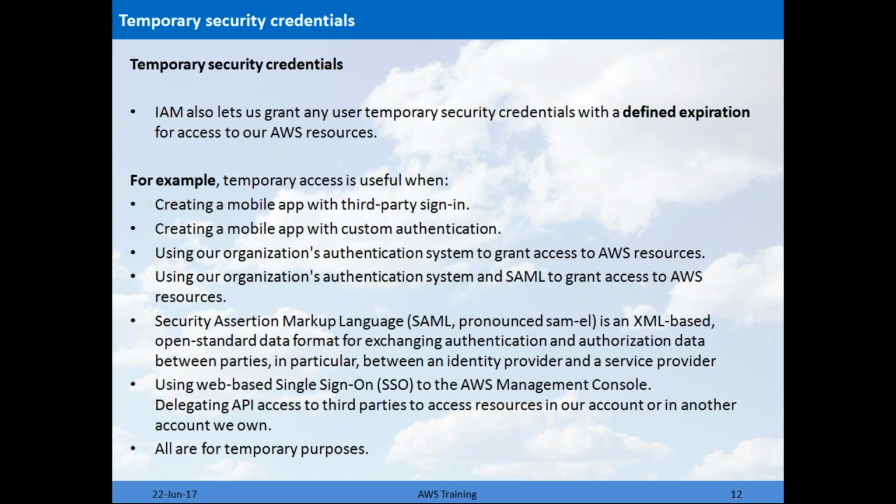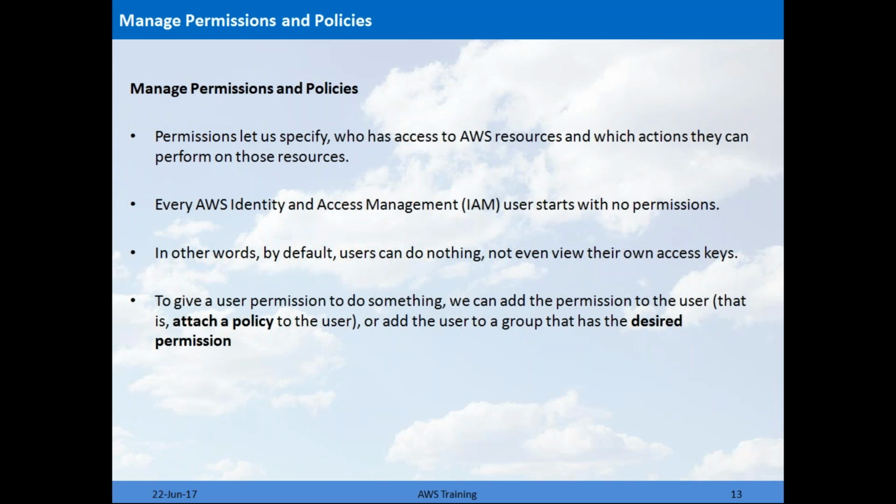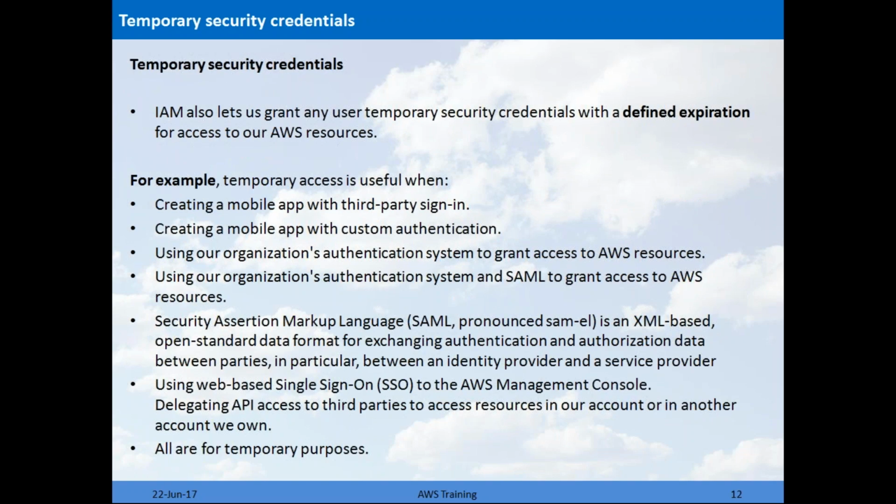You sign in with your credentials and provide the expiration time, 1 week, 1 hour, or 10 days, and after 10 days that user is automatically deleted instead of being deleted manually. Examples are creating a mobile app with third-party sign-in, and creating a mobile app with custom authentication using our organization's authentication system to grant access to AWS resources and for single sign-on purposes. These generally use temporary security credentials. You can just go through them.